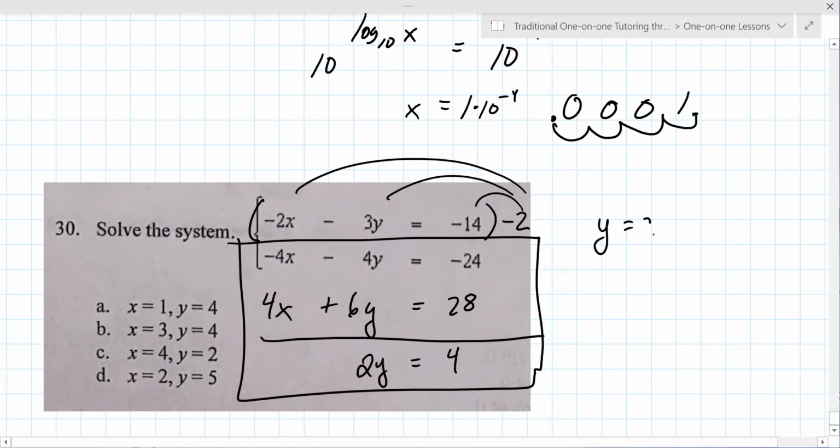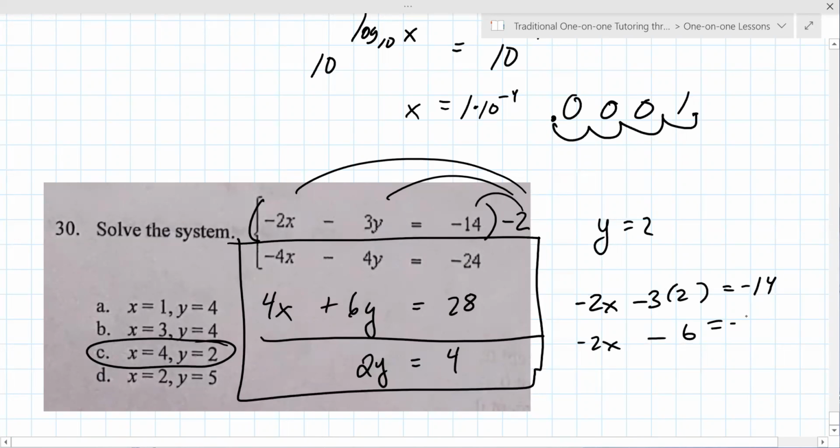So you get y is 2. If you didn't know, you would put the 2 back into one of the equations. So it'd be -2x minus 3 times 2 equals -14. -2x minus 6 equals -14. Add 6 to both sides. So you get -8, and then x equals 4.